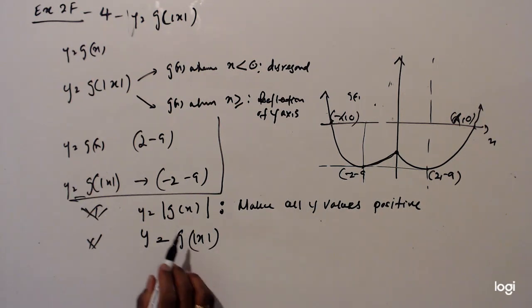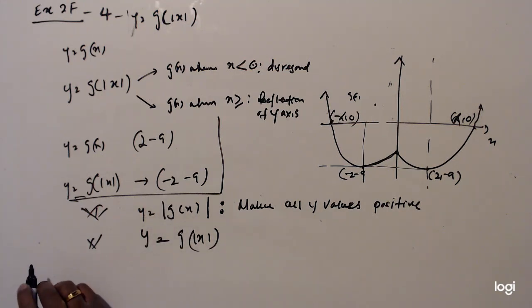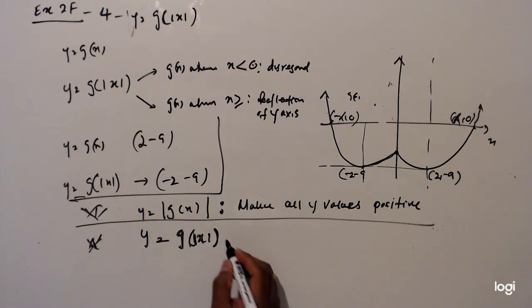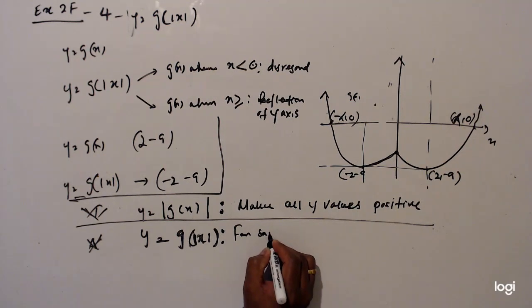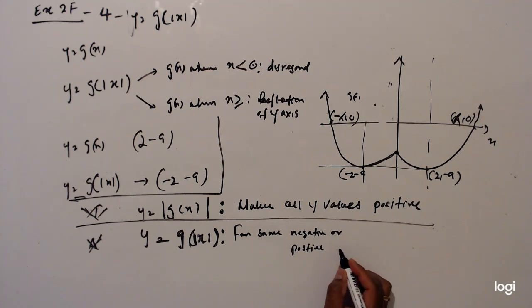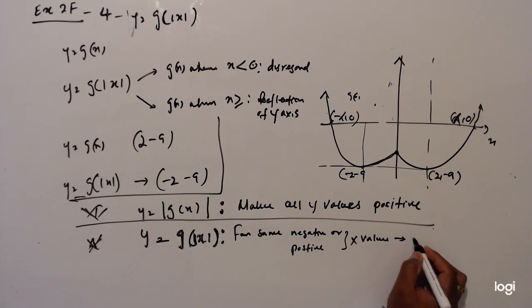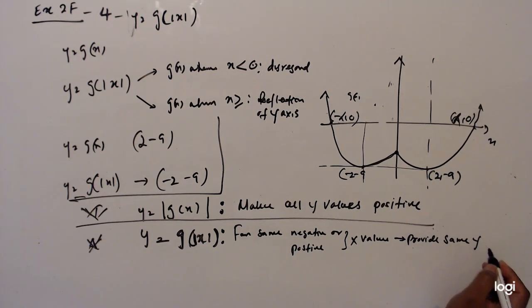So by looking at this one, if we are trying to make all x values positive, that doesn't work, because in here, for the same negative or positive x value, we provide the same y value.